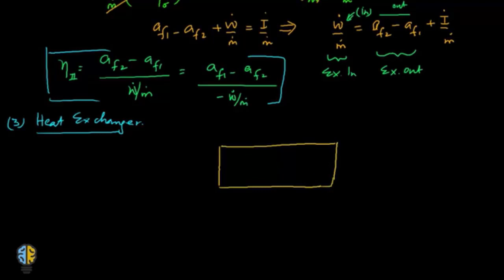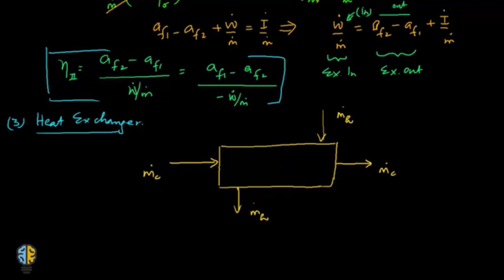In this there is some fluid which is flowing. Let us say this is the cold fluid that is flowing, and the hot fluid is flowing from top to bottom. So this is MH dot and this is also MH dot.